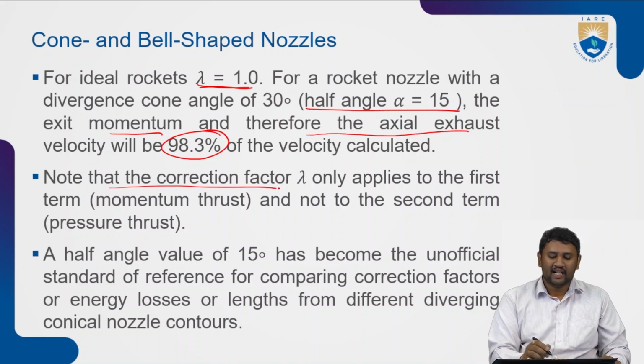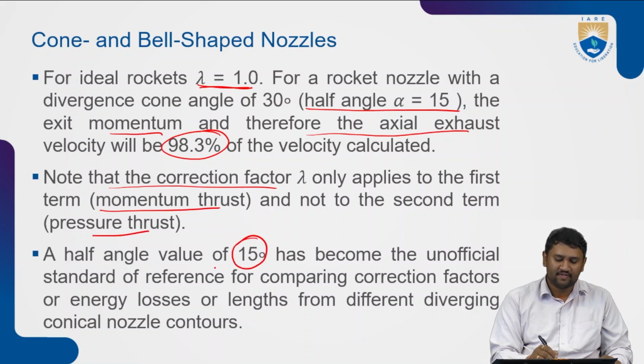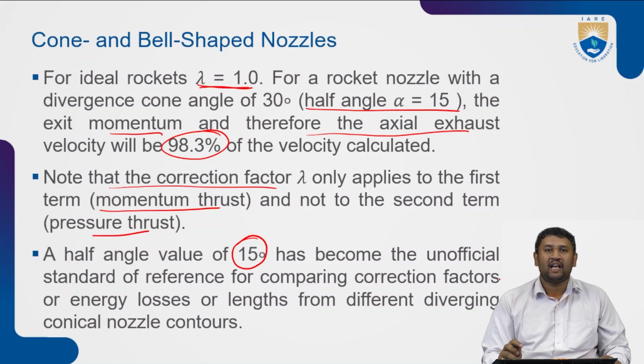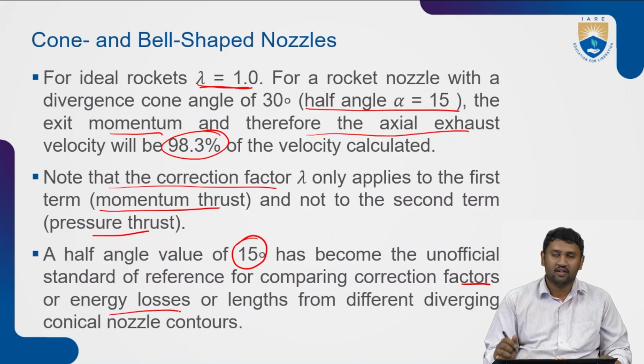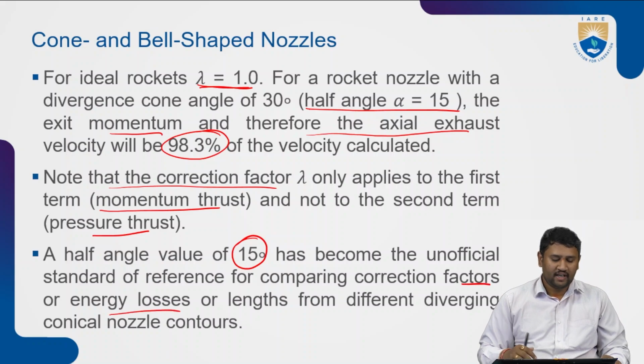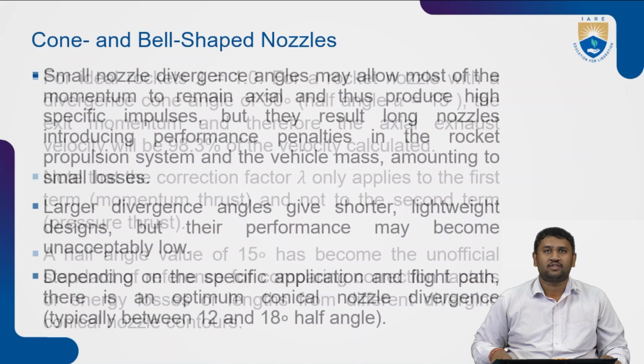The correction factor lambda only applies for the first term, that is the momentum thrust, not the pressure thrust. The half angle value of 15 degrees has become an unofficial standard for reference for comparison of correction factors, energy losses or lengths from different diverging conical nozzle contours.